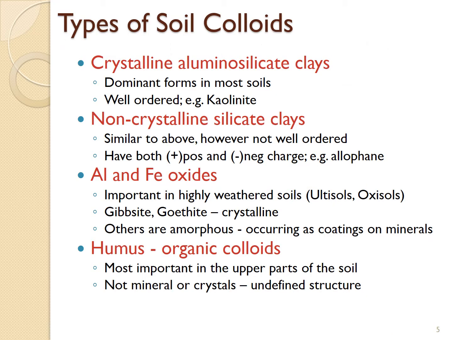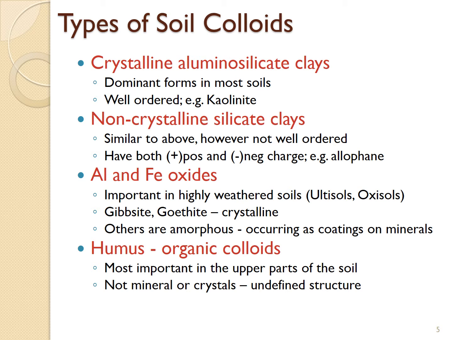So there's different types of soil colloids. By definition, a colloid is anything dispersed in air or water. So we're talking about soil clays, basically, that are dispersed in air or water. So the different types of these clays are crystalline aluminosilicate clays. These are well ordered. An example of this is kaolinite. We'll learn a lot more about kaolinite later.